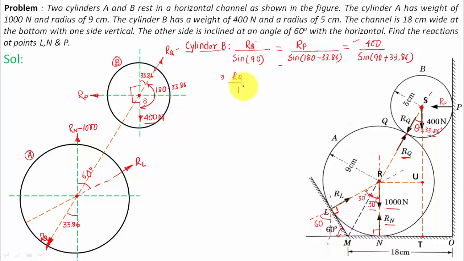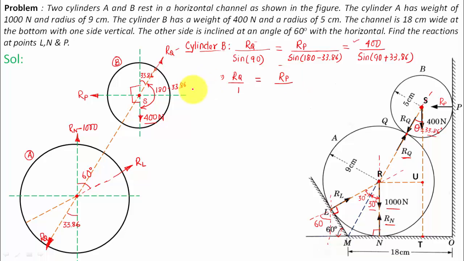So let me write this again: RQ divided by sine 90, which is obviously 1, and RP divided by sine of 180 minus 33.86. I need to do this calculation. 180 minus 33.86 is equal to 146.14, and sine of this angle works out as 0.557.